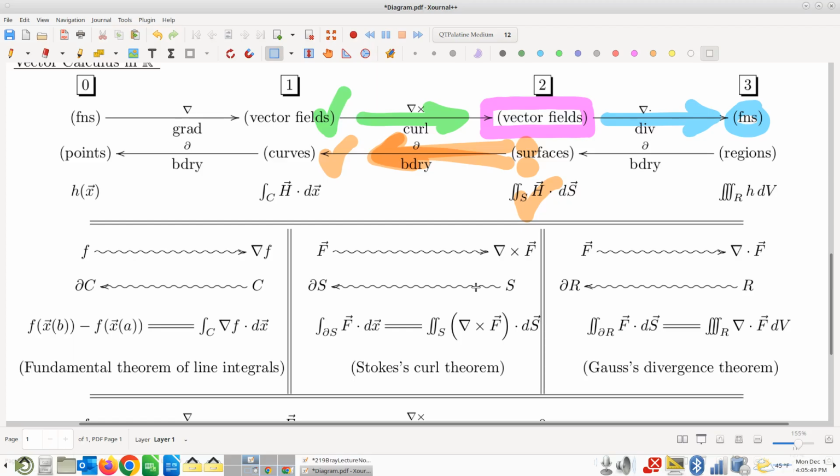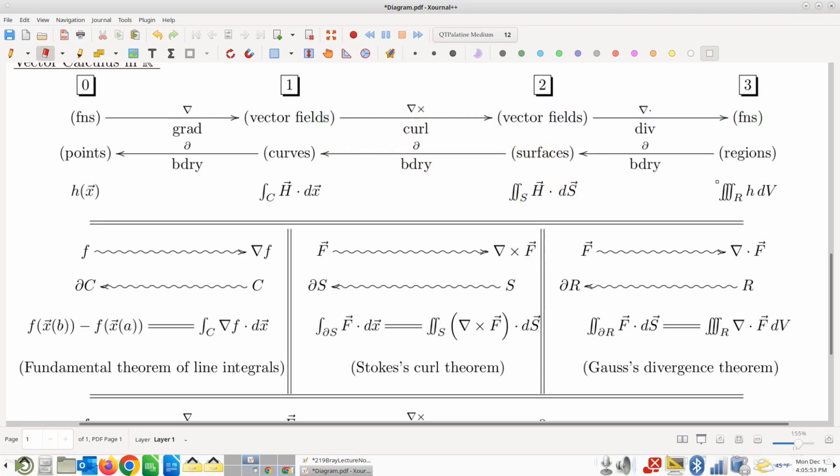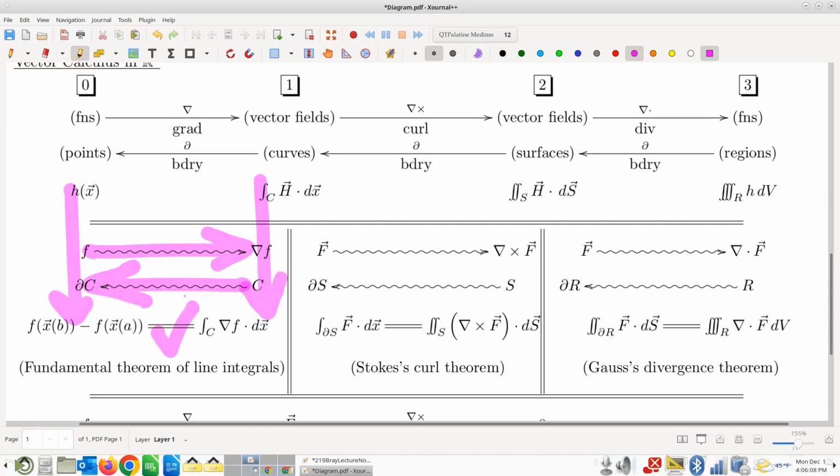And while we're here, let me also remind you that all of our big theorems follow the same pattern themselves. For example, the fundamental theorem of line integrals says if you take a gradient and then you look at the endpoints of a curve, this computation and that computation will give you the same answer.